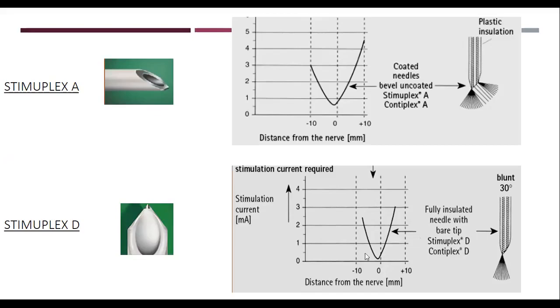So we will have even more precise localization of nerves, and the current required will be even more minimal. As you can see here, only this tip alone is uncoated. Here the entire thing will be uncoated.